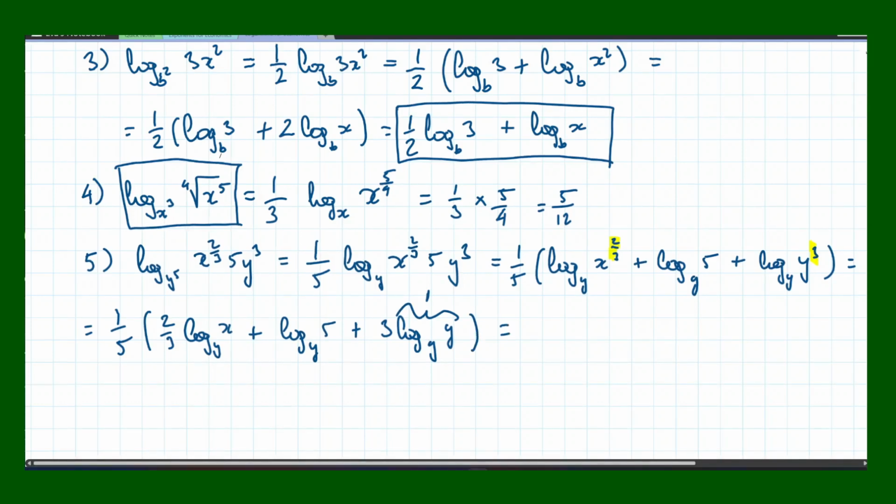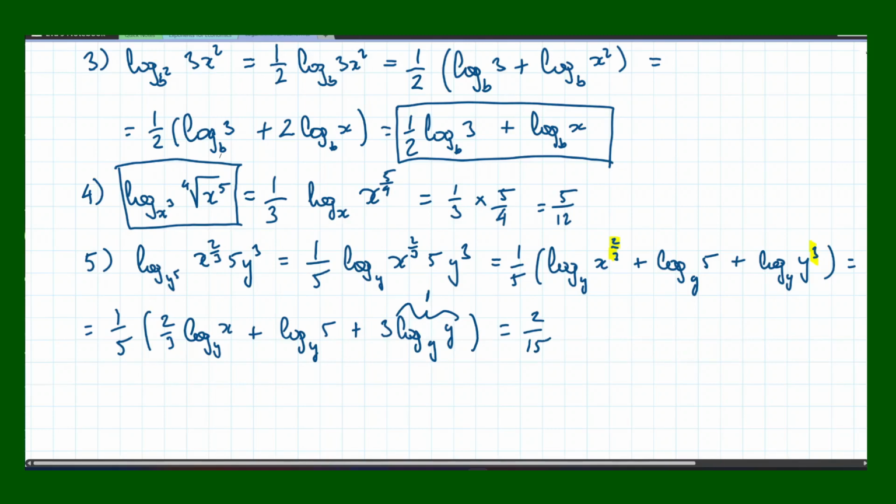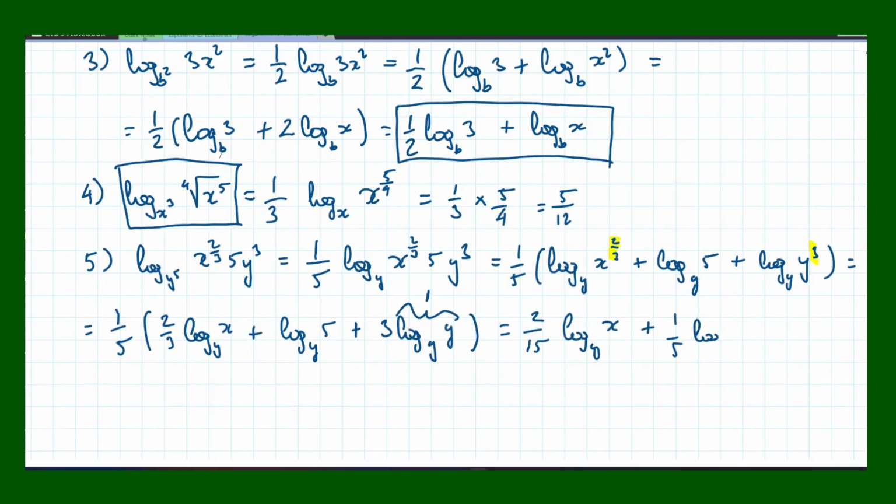But I still have to multiply out the bracket. So I have 1/5 times 2/3, that's going to give me 2/15 times log base y of x, plus 1/5 times log base y of 5, plus 1/5 times 3, which is just going to give me 3 over 5.